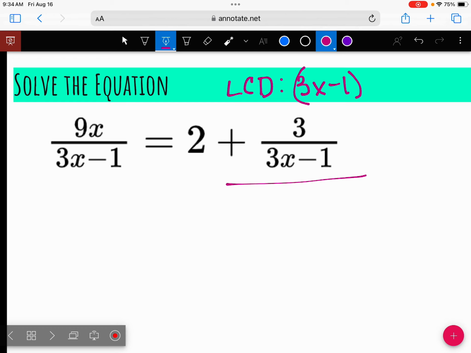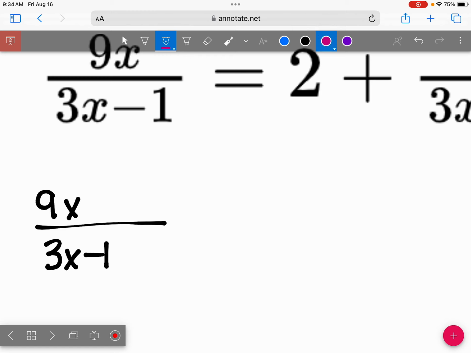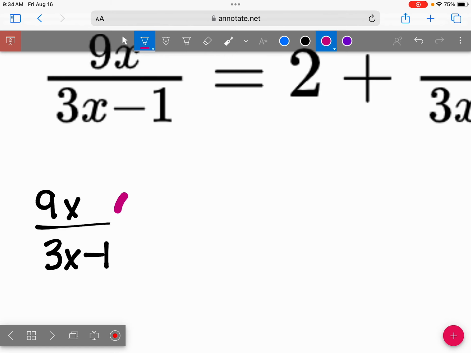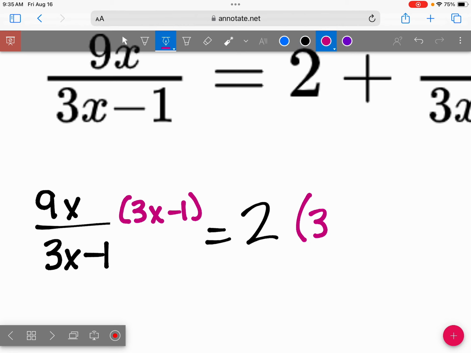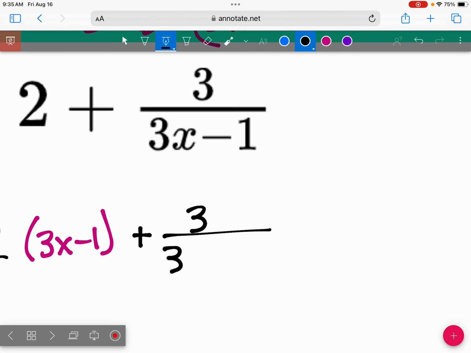So I'm going to write it all out long ways. I'm going to have my 9x over 3x minus 1 times 3x minus 1, and that's going to equal 2 times our 3x minus 1 plus 3 over 3x minus 1 times our 3x minus 1.